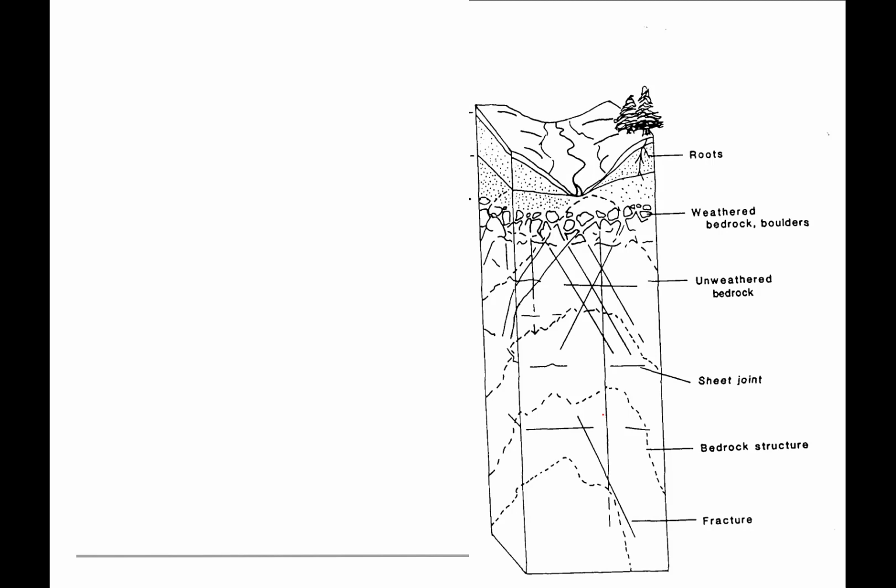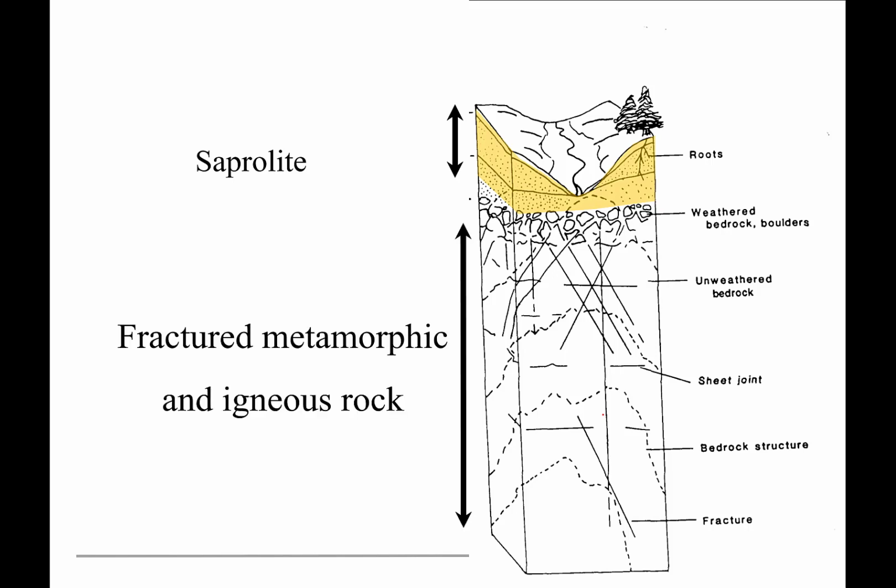So this is one of several conceptual models that we'll see for the Piedmont, and it consists of an upper region that is saprolite and a lower region that's fractured metamorphic rock, like that gneiss that we saw. There are also igneous rocks in this area, and you can see the fractures here shown schematically. And then what's often recognized is that there's a zone between the saprolite and the metamorphic rock that's a transition zone.